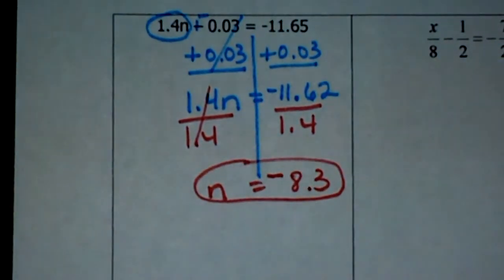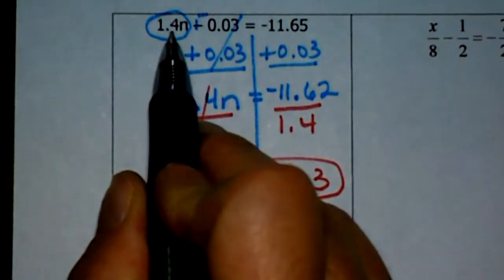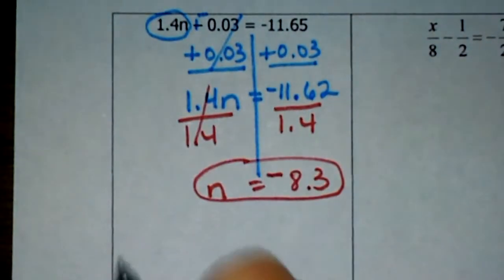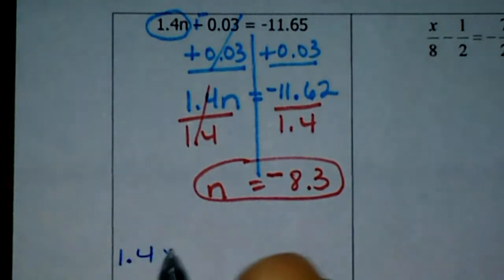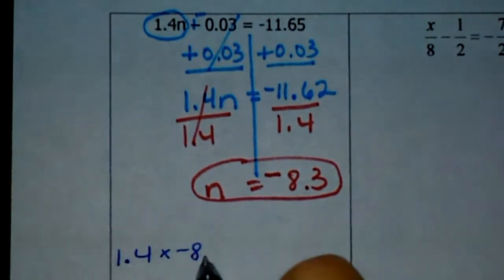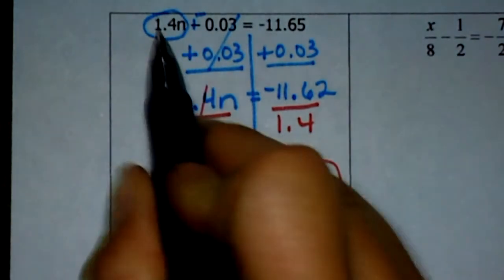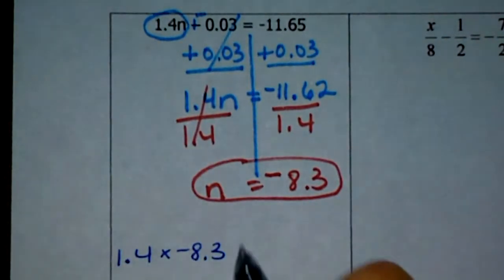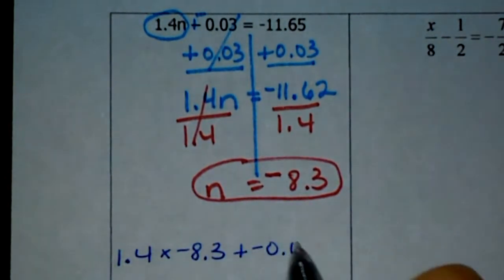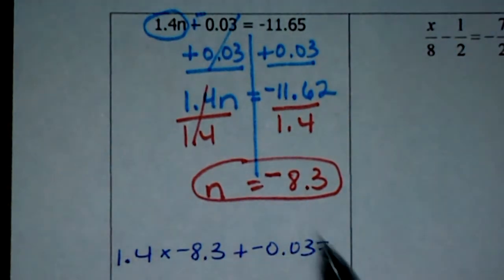You will also check this the same exact way you check the others. It says 1.4 times n. So that means I'm going to take 1.4 and multiply it by -8.3, because number next to letter means multiplication. And when you add -3/100 to that, we're supposed to get -11.65.